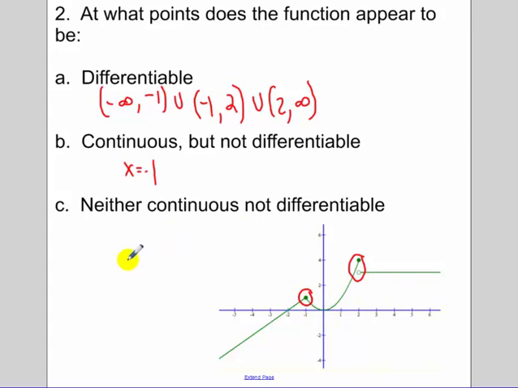And where am I neither continuous nor differentiable? At x equals 2. Because we have the jump, and because it is not continuous, I therefore cannot take our derivative, which leads us to our next slide.